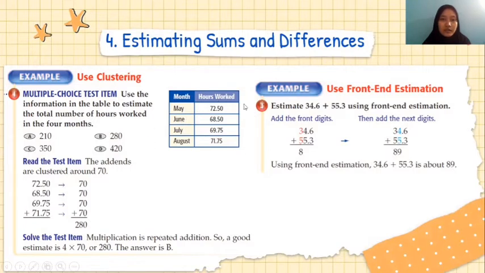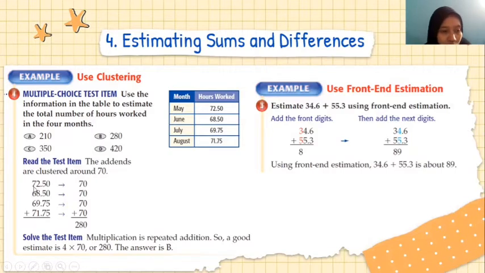So this is the table, the information table. The step is add and cluster. You can sum these hours, but before that you must round the decimals.